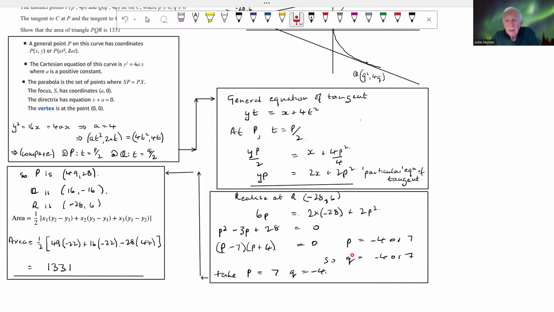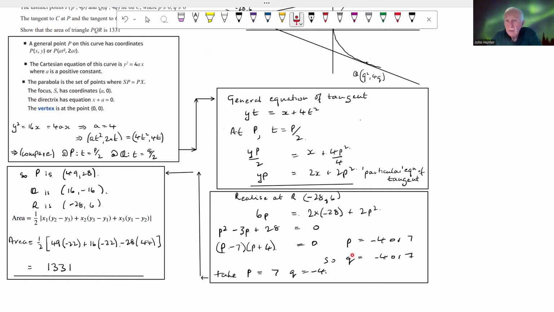If we are told that the line is a tangent to the curve, then the discriminant will be 0, because a discriminant of 0 will give us just one solution.